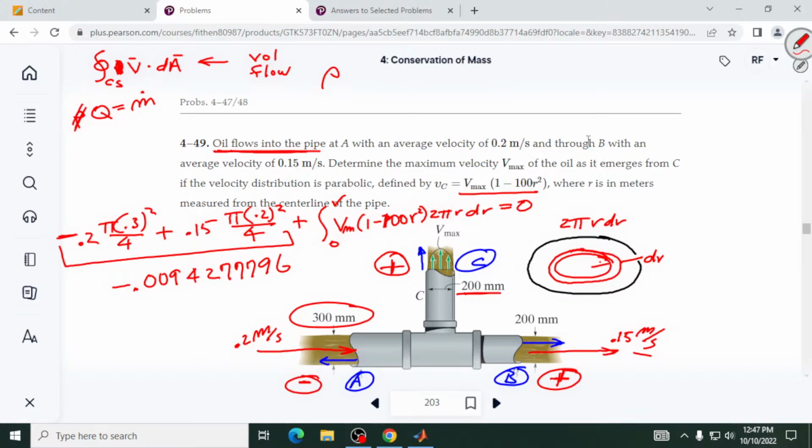What's going to happen over here, I can take this 2 pi out and operate on it. Or what I'm going to do is integrate this thing in MATLAB.